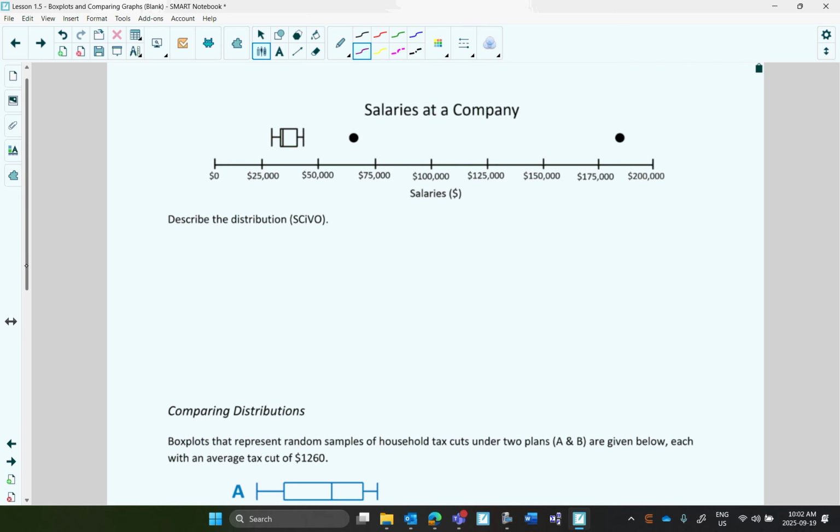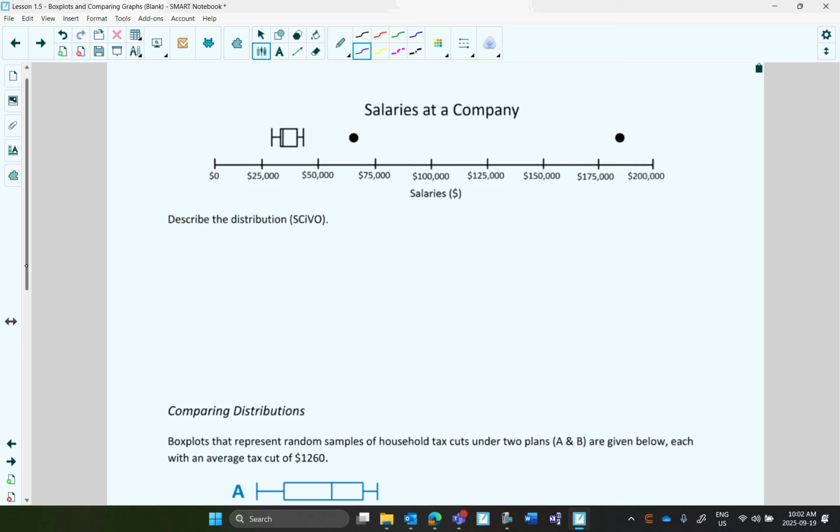Here is the actual box plot for the salaries example. Remember, we did calculate these. We calculated the median. We calculated Q1 and Q3. We know what the minimum is. We know that there's two outliers, the upper outlier being the maximum value as well. So we want to describe the distribution.